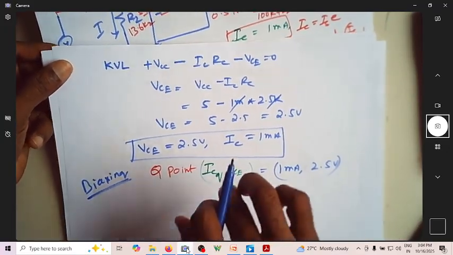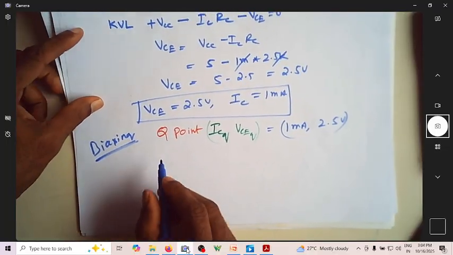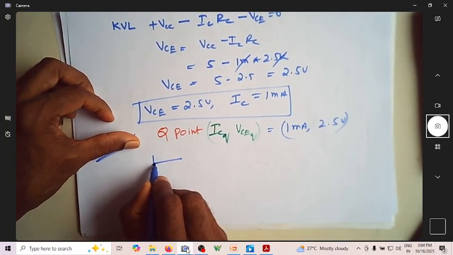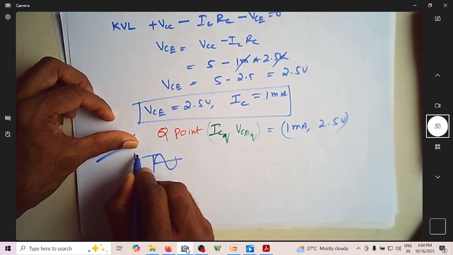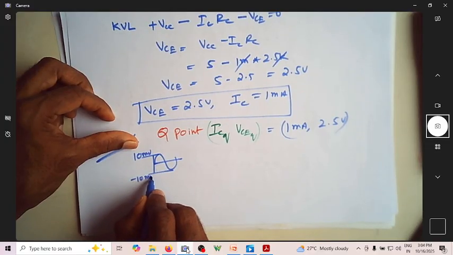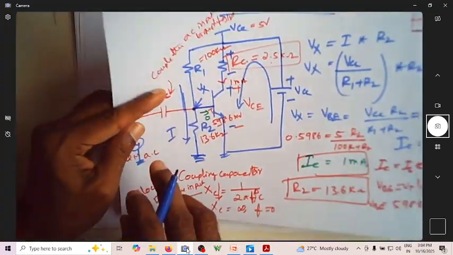Now, with these conditions, let us apply the input voltage of something like this. This is 10 millivolt. Assume that this is minus 10 millivolt. Can you see, is this signal applied over here?